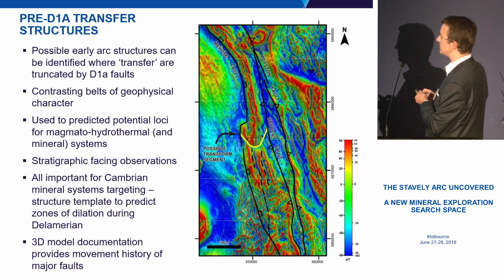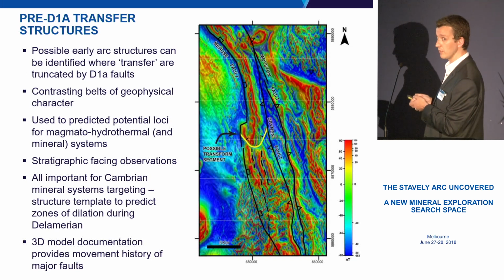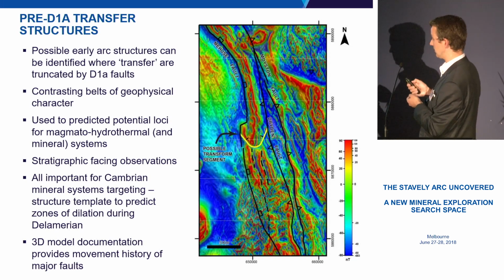What you'll see is this fault, the Dryden fault, is a D1A fault. This fault here, the Muirhus fault, is a later D3 fault. What this means is that it's cross-cut by a D1A fault, so this is a pretty early fault, and that might be significant for exploration targeting.